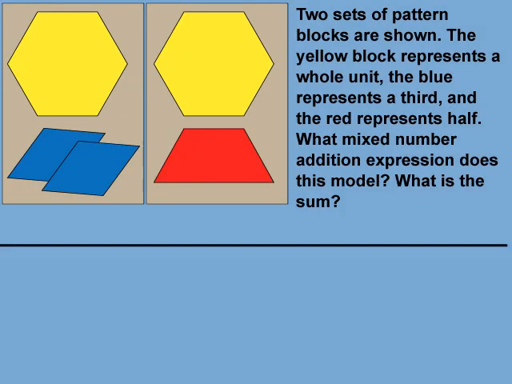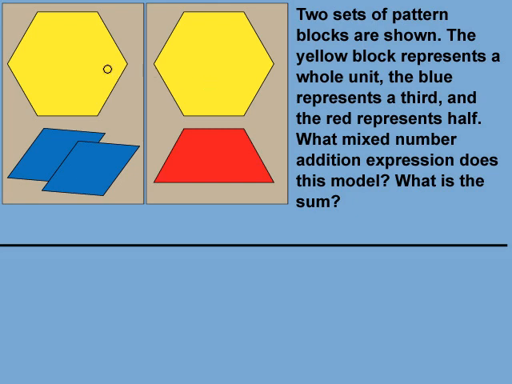Two sets of pattern blocks are shown. The yellow block represents a whole unit, the blue represents 1/3, and the red represents half. What mixed number addition expression does this model? What is the sum? Pattern blocks can be used to model fractions and mixed numbers.